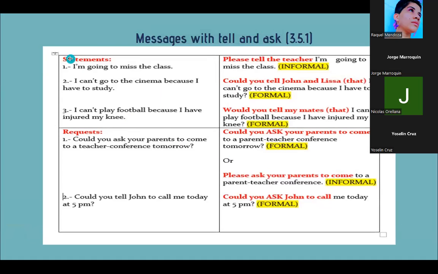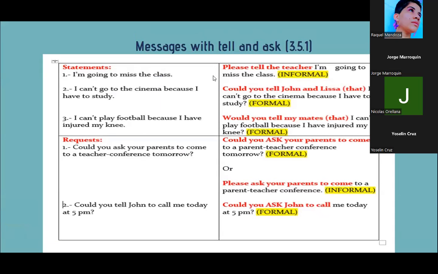These are the statements, okay? I am going to miss the class. Very good, Raquel. That is just a message, right? This is just like a sentence. I'm just telling, solo estoy diciendo, no le estoy pidiendo nada a nadie. I'm going to miss the class.